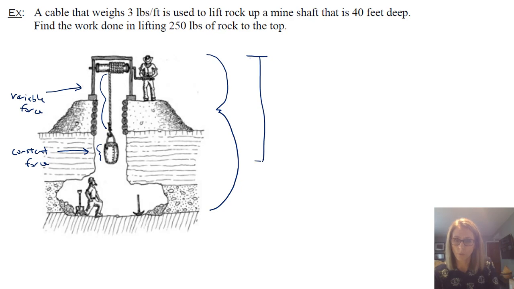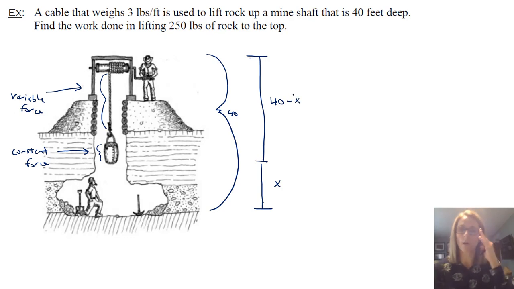Remember that when this starts, the rock is down at the bottom, but this whole thing is 40 feet deep up to the top. And so if we call this distance x, then this distance here would be 40 minus x.